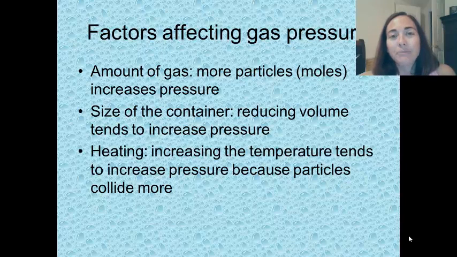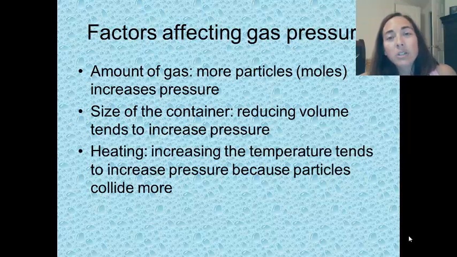The second variable is the size of the container, or the volume. If you change the volume of the container, you're going to change the pressure. Try to think about forcing a certain amount of air into a smaller space. It's going to be difficult to do. And finally, heating has an effect on gas pressure because we know that temperature changes the kinetic energy of the particles.